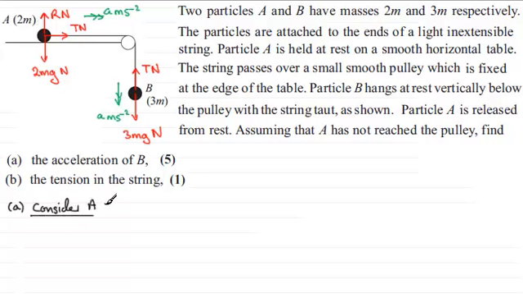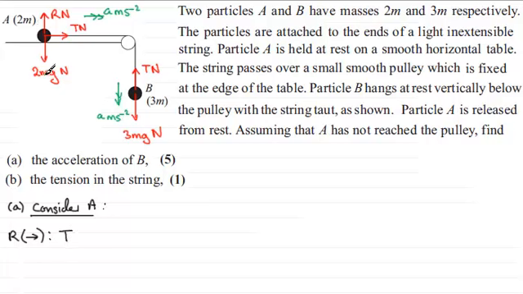If we do that, we're going to look at resolving our forces, taking positive sense to the right, which is the best thing to do, really. That is, take it in the direction of motion. So we're looking at the resultant force acting on A in this direction, and we've got all of T acting in that direction.